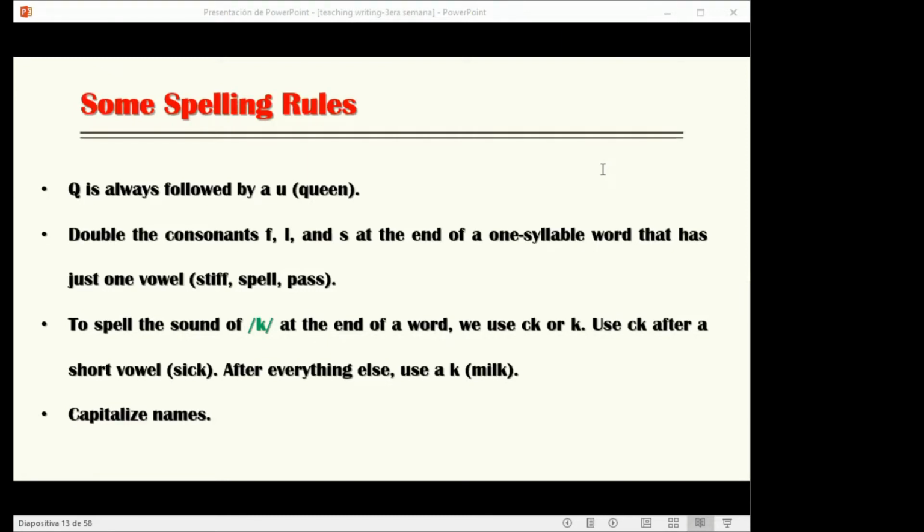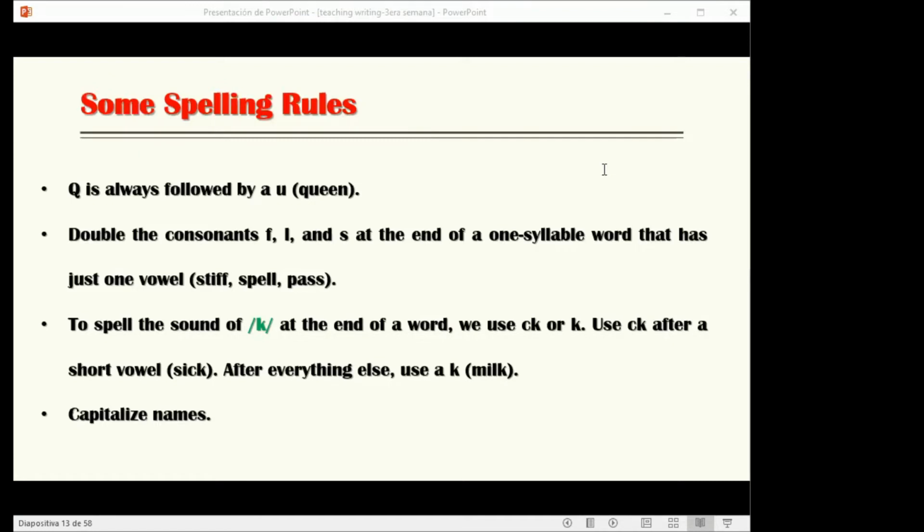Notice the F here is at the end. It's a one syllable word, and before the F, you have just one vowel. If it has two vowels, no. And obviously, if it has two vowels, it means two syllables. Remember the phonological rule. The number of syllables is according to the number of vowel sounds.